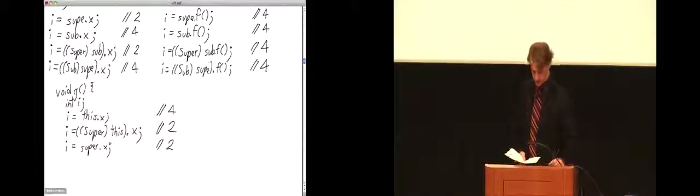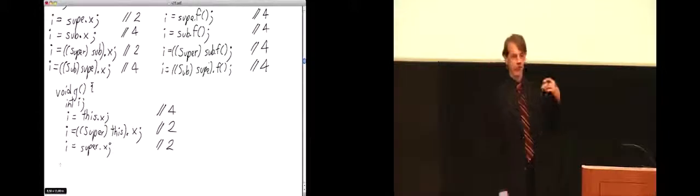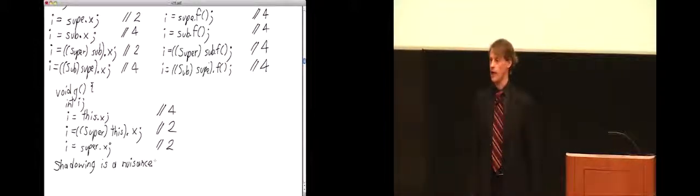But now that you know how it works, whereas method overriding is a powerful benefit of object orientation, field shadowing is just largely a nuisance. Wherever possible, avoid having subclasses that have fields with the same name as their superclasses.